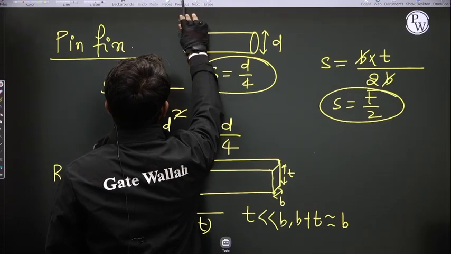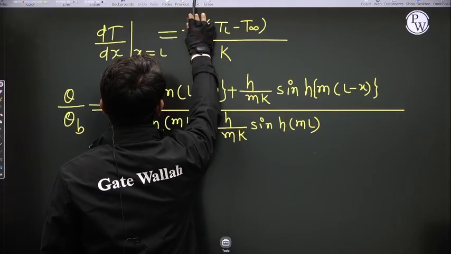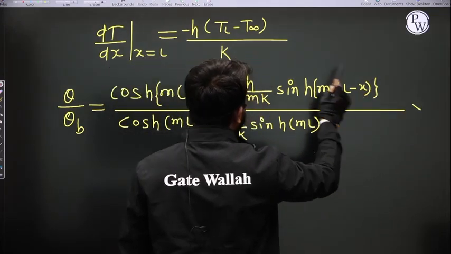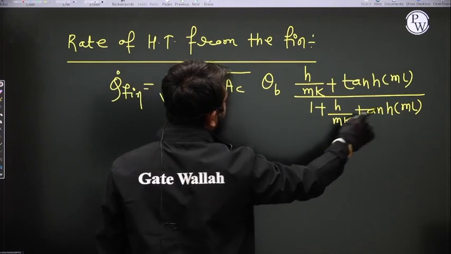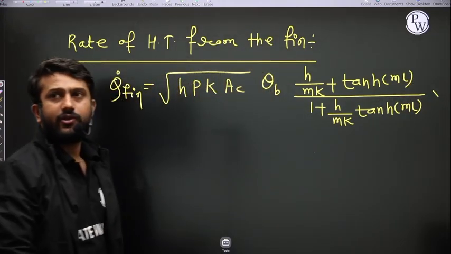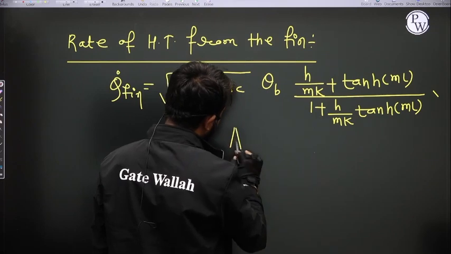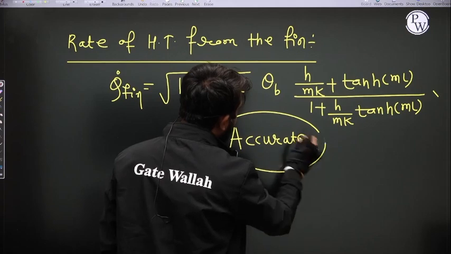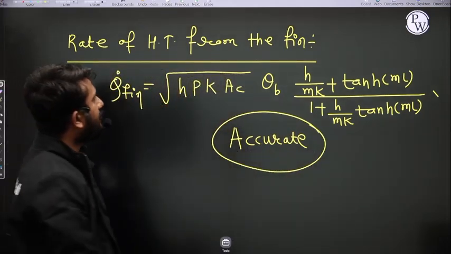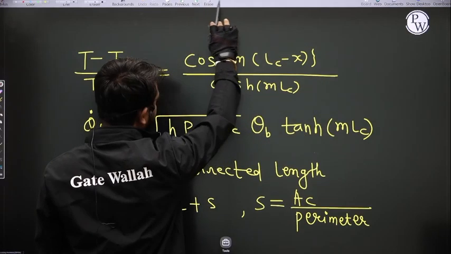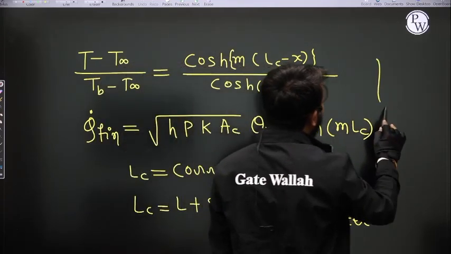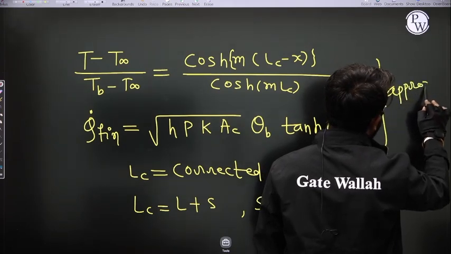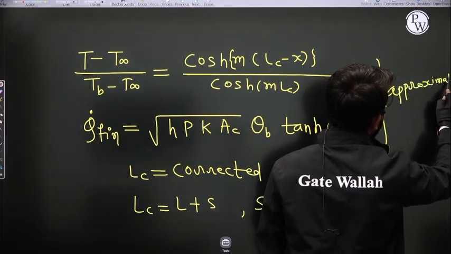Now, in case number 3, if you are using this mathematical expression and this mathematical expression, then you are getting the accurate result. But if you are using these other expressions, they give an approximate result.